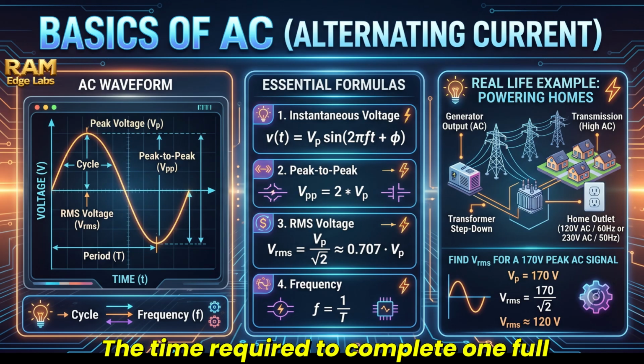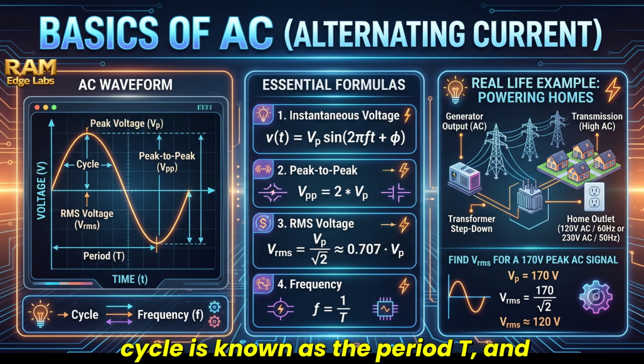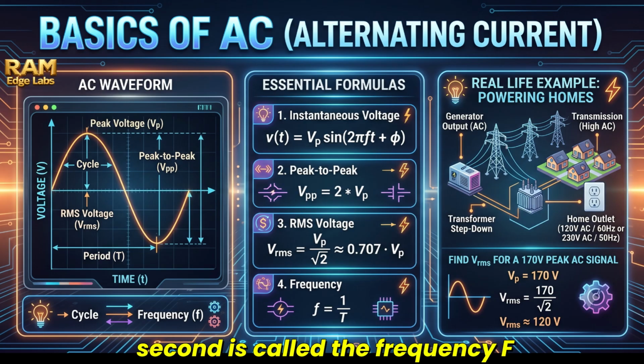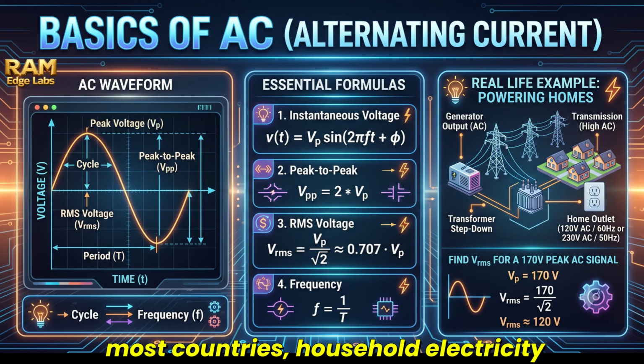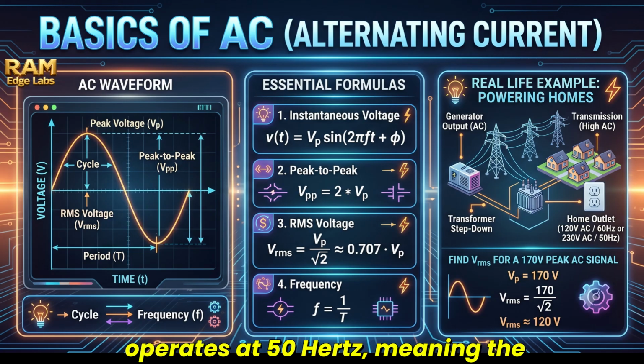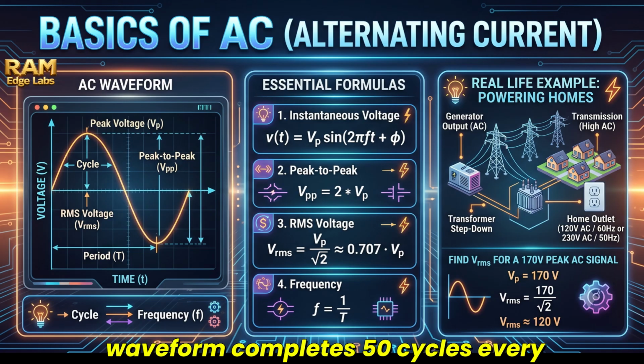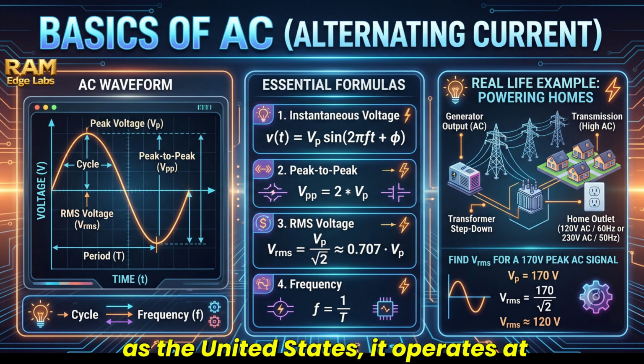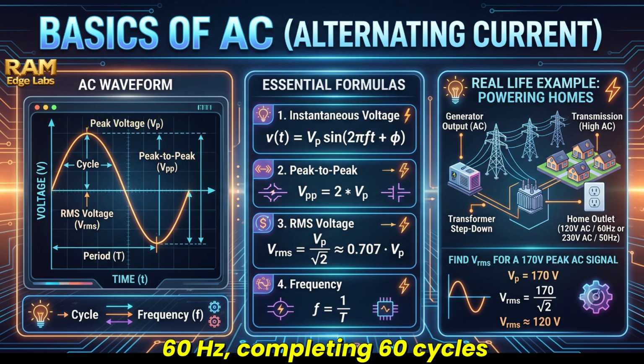The time required to complete one full cycle is known as the period, T, and the number of cycles completed every second is called the frequency, F, measured in Hz. In most countries, household electricity operates at 50 Hz, meaning the waveform completes 50 cycles every second, while in some countries, such as the United States, it operates at 60 Hz, completing 60 cycles every second.